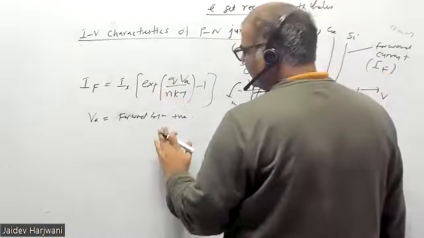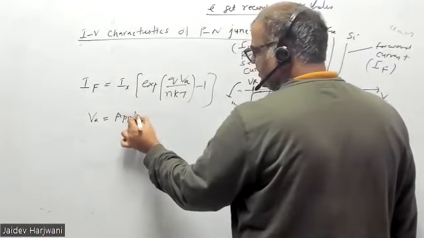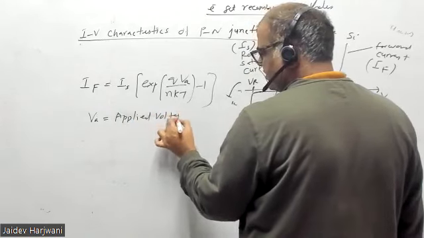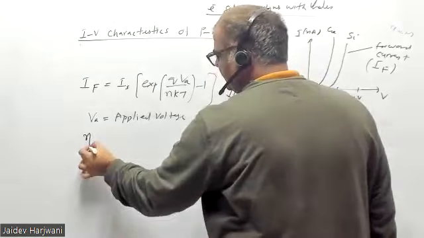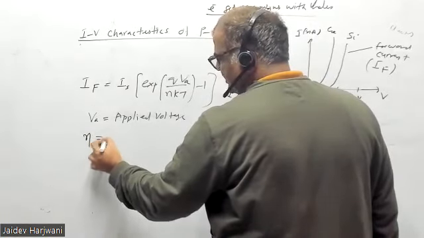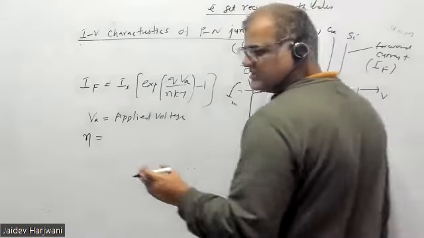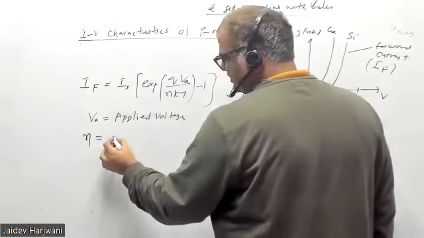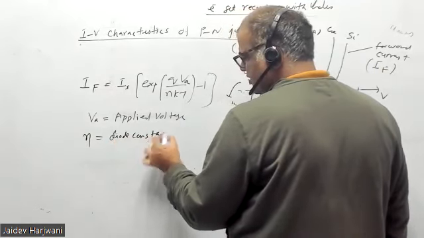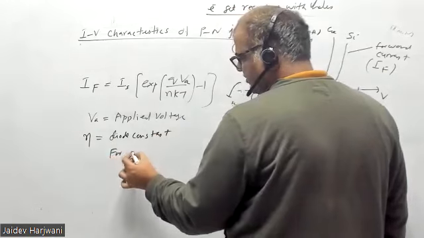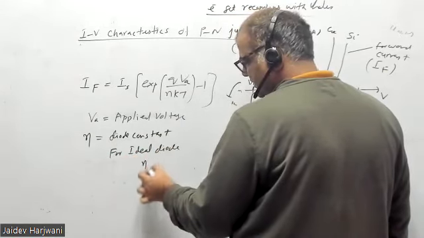Let me tell you what these terms are. This VA is the applied voltage. Eta is the diode constant. I forgot the name, some coefficient is there. So this is the diode constant. For an ideal diode, eta is 1.